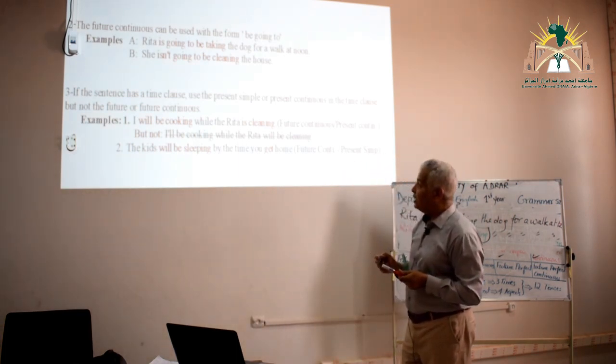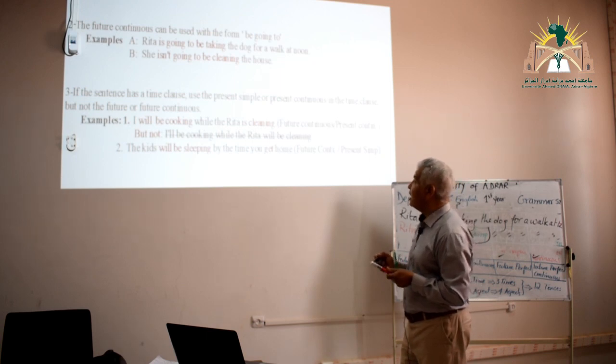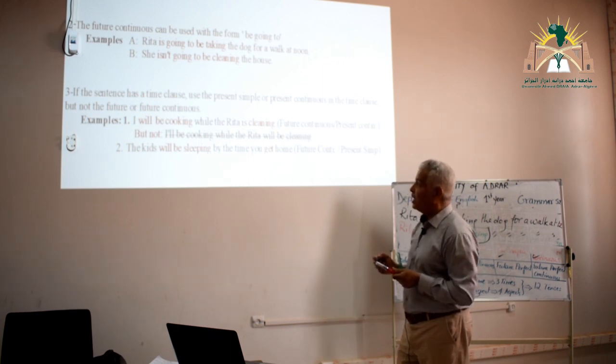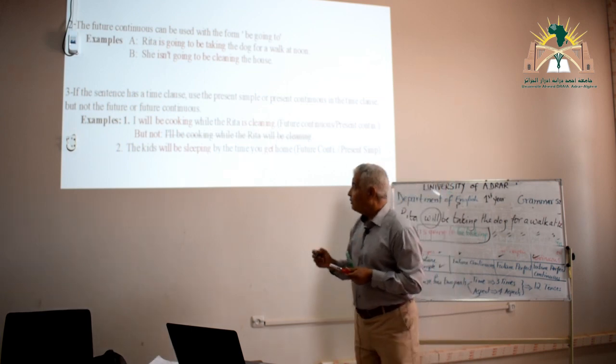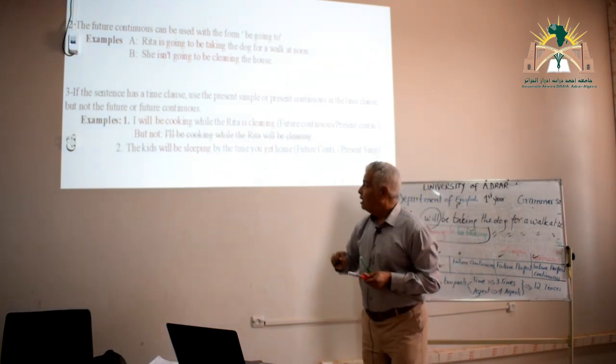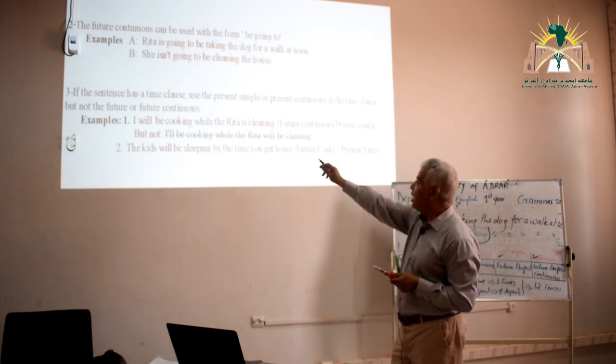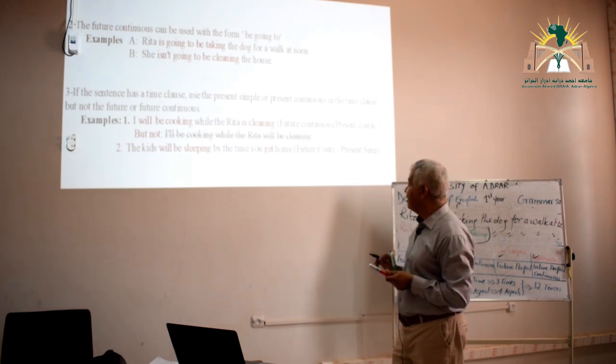The third point: if the sentence has a time clause, we use the present simple or present continuous in the time clause, but not the future or future continuous. What does this mean? If you have this sentence, for instance, I will be cooking while Rita is cleaning.